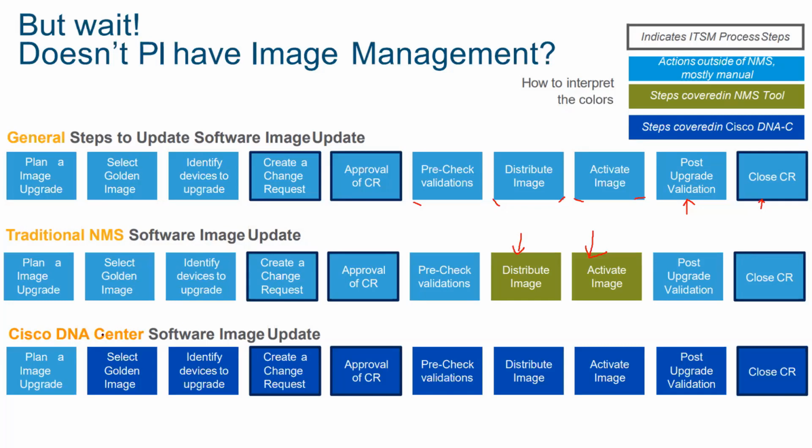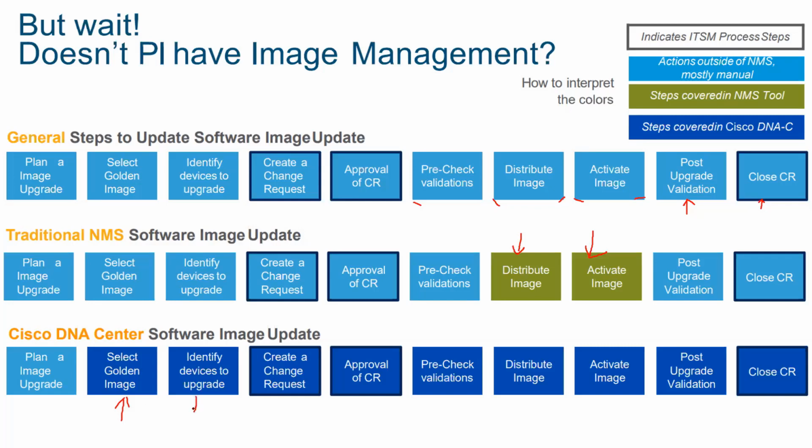Look at DNA, what's going to help you to do. You start the plan. Now, you have on DNA a selected golden image, for example, for all Catalyst 9300 switches. So now DNA knows that all 9300s will have this golden image.